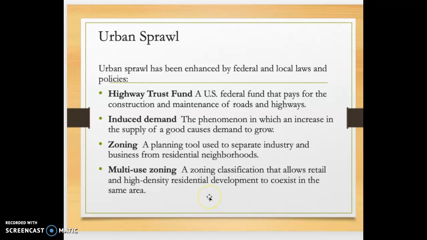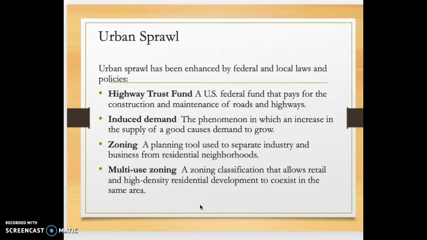Multi-use zoning is another planning tool, and this is a zoning classification that allows retail and high density residential development to exist in the same area. So this would be mixed use planning, which is a good idea because then in many ways you're able to overlap a lot of land use. We're starting to see multi-use zoning used a lot in Walnut Creek. Right down the street here next to Pleasant Hill BART station, there are several multi-use buildings there.